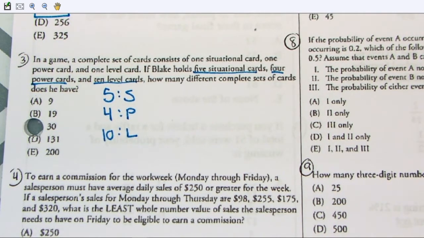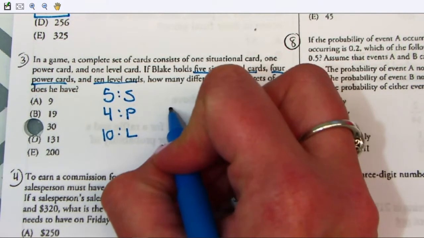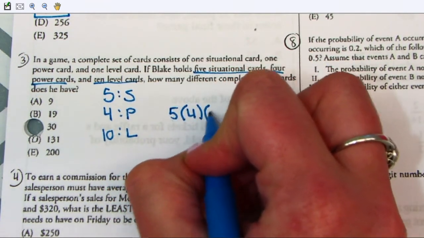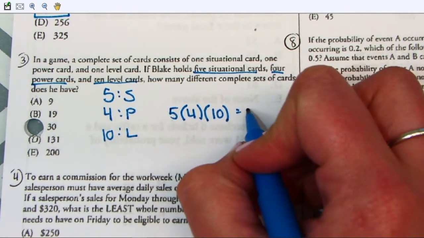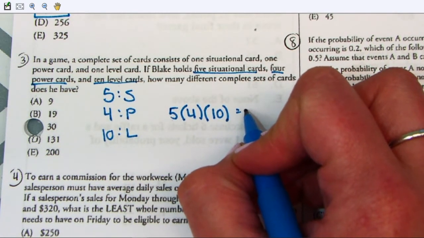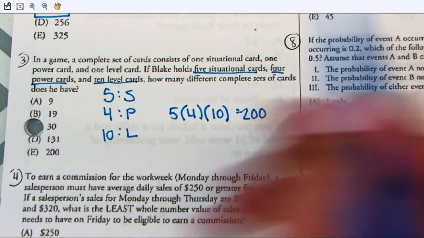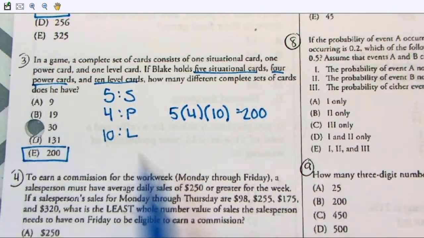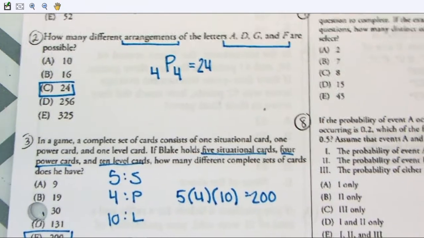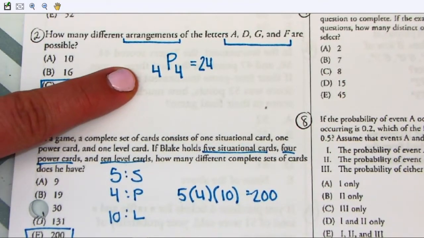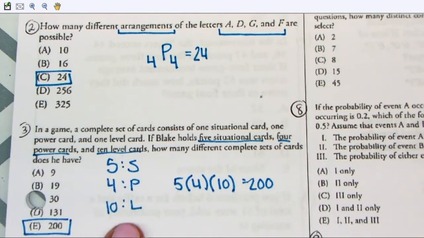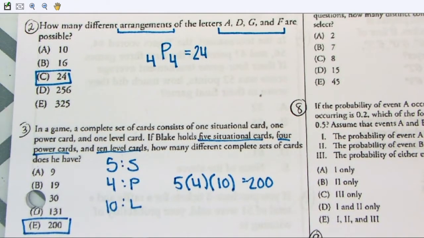They're not all just a set of cards. They are different types of cards. So in order to find out how many different sets he can have, he would just multiply all of these values together, which would be 200 different types of cards in hand. Notice the difference. Same set, permutation or combination. Multiple sets, multiply them all together. So multiple sets, multiply together.